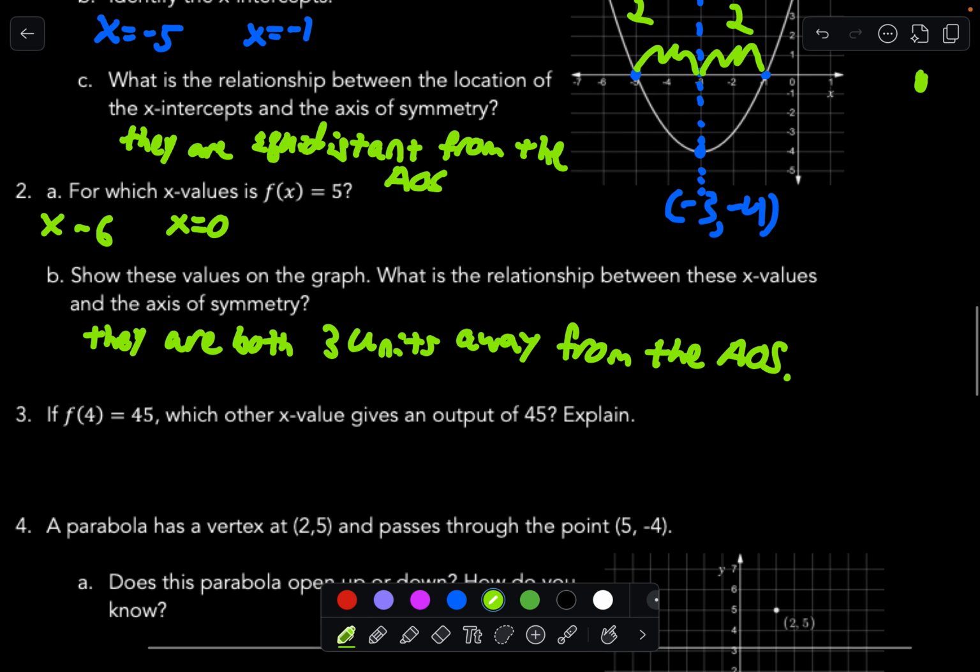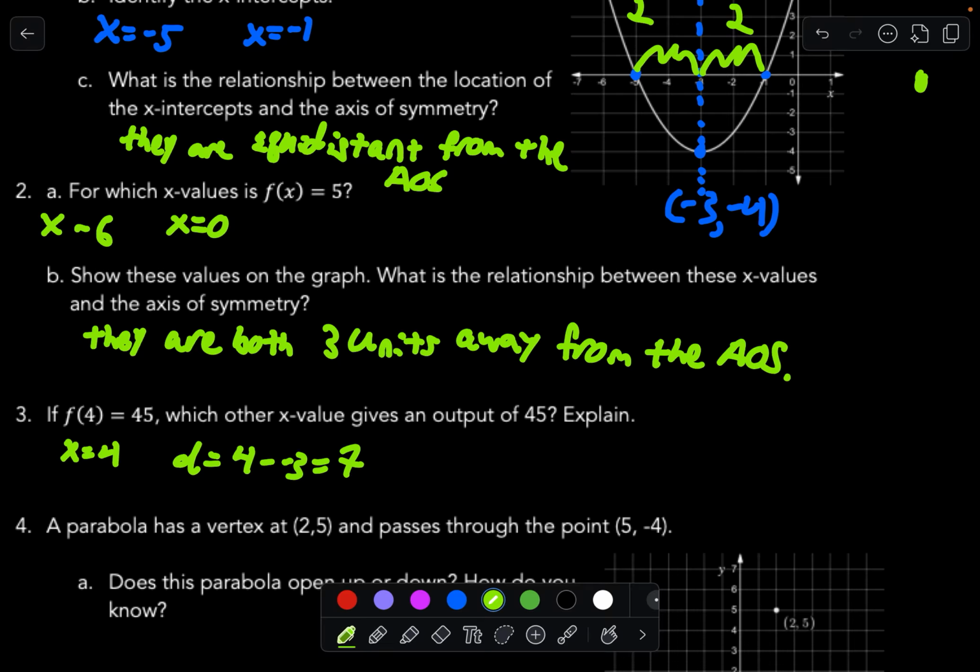So notice x equals 4. How far away is that from the axis of symmetry? So that distance, d, is going to be, the vertex is at -3, so it's 4 minus -3. It is 7 units to the right.